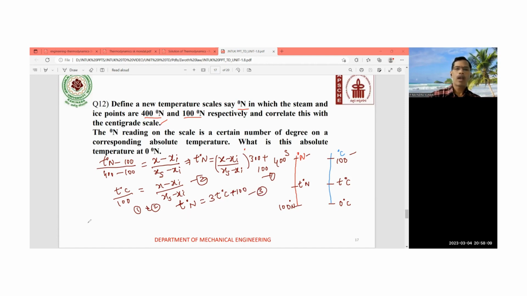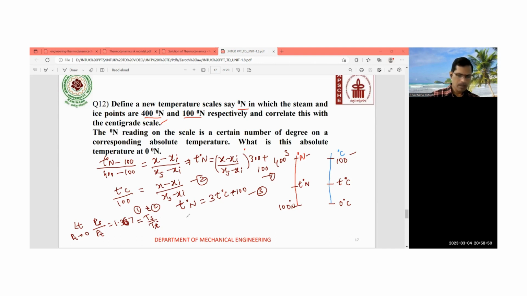And already we know there is a certain relation, that is the limit as Pt tends to 0, Ps, the steam point pressure, divided by the triple point pressure, is equal to 1.366. Sorry, it is 1.367. You can also take it as 1.367, right? And this is nothing but equal to Ts divided by Tt, that is steam point temperature divided by ice point temperature.